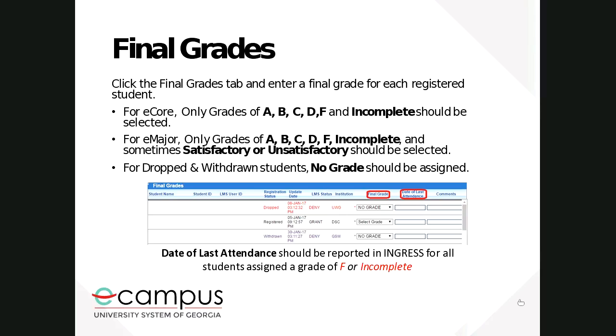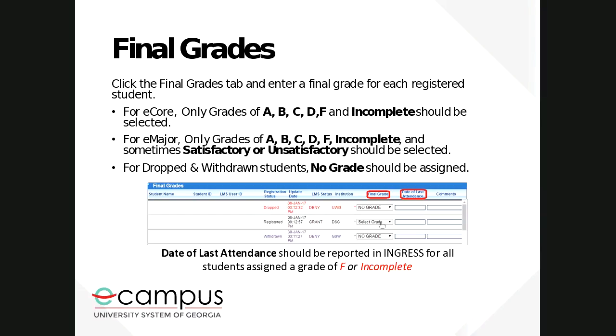How do you do the final grade? Well, we click the final grades tab, and there's a slight procedure for E-Core and E-Major. Let's talk about E-Core for a second. Notice we have 3 different types of people here. We have a dropped, a withdrawn, and a regular registered student.